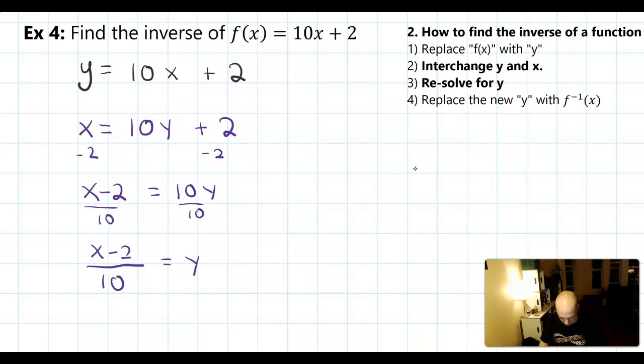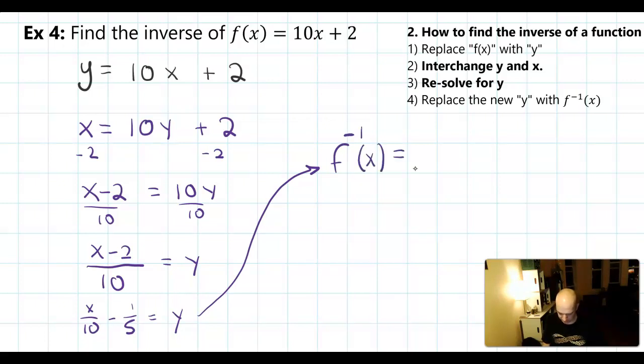You can leave it like this, or you could write it as x over 10 minus 2 over 10, which is 1/5, is equal to y. Either of those are fine. And then the last step is to write it as, since we've solved for y now, but I just added the y in the start, f inverse of x is equal to, and I'm actually going to use this first version because I like it better, x minus 2 all over 10.